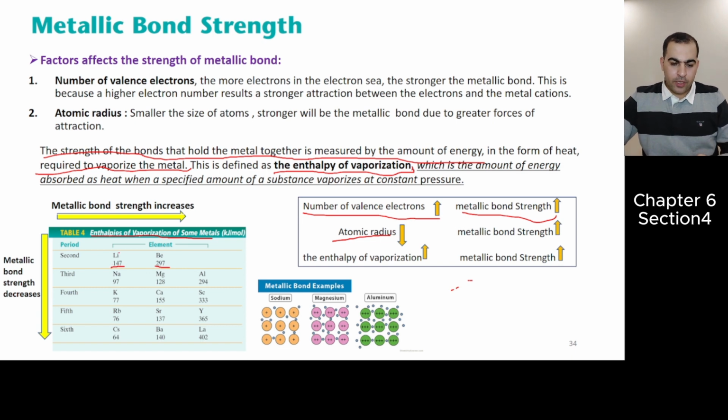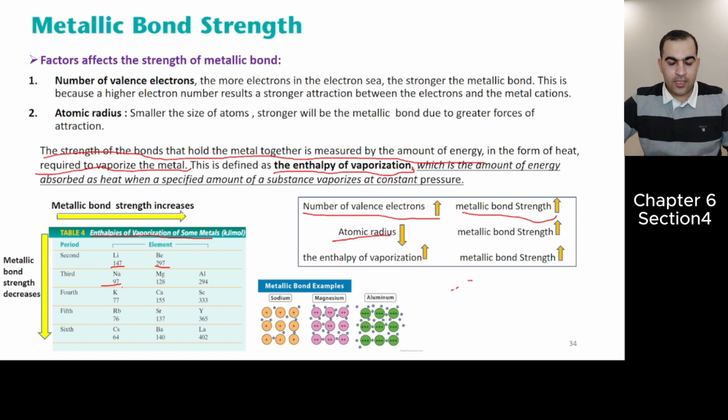But if we compare lithium with sodium, sodium's enthalpy of vaporization is 97. It needs 97 kilojoule per mole for sodium to change to gas, to vaporize, okay? While lithium's enthalpy of vaporization is more than sodium's. This is because sodium's size is more than lithium's size.